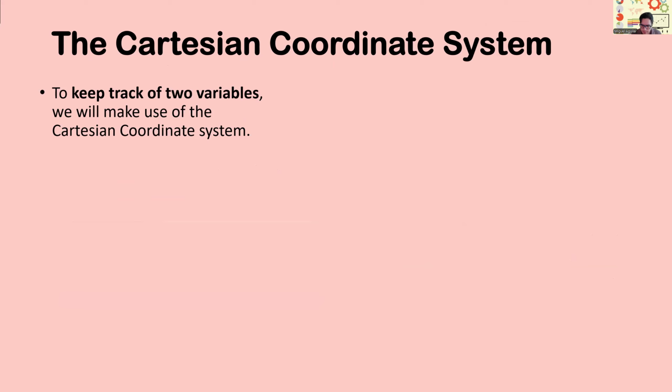So again, the Cartesian coordinate system, if you've never heard the word Cartesian, it's just a grid system like latitude and longitude on a map that will help us locate different points in that space on the map. Okay.